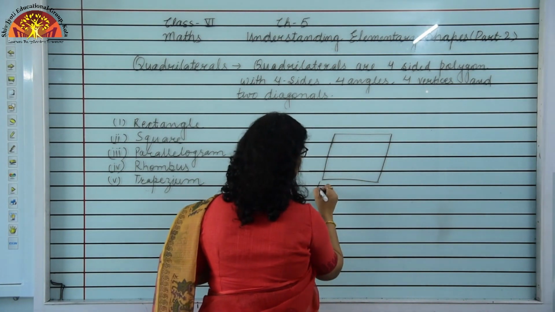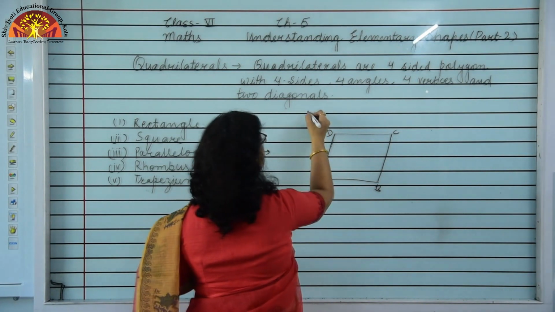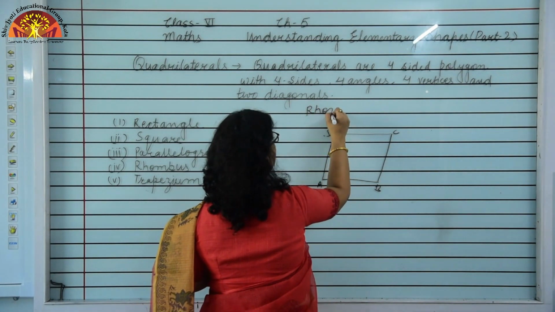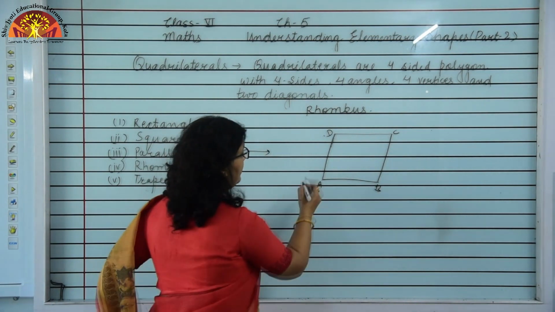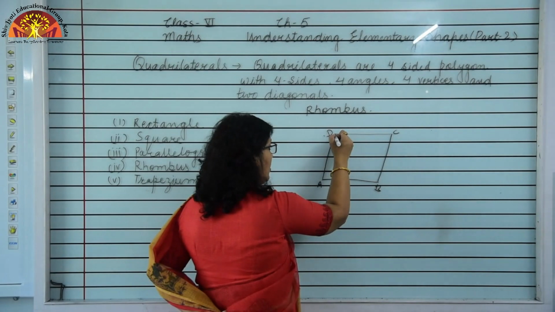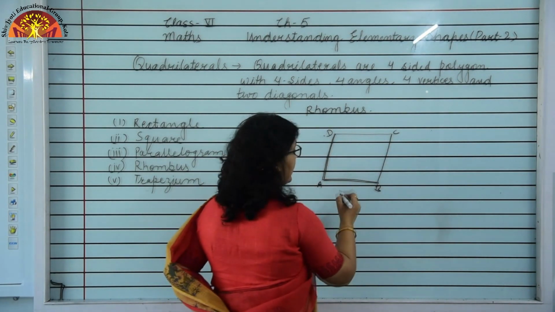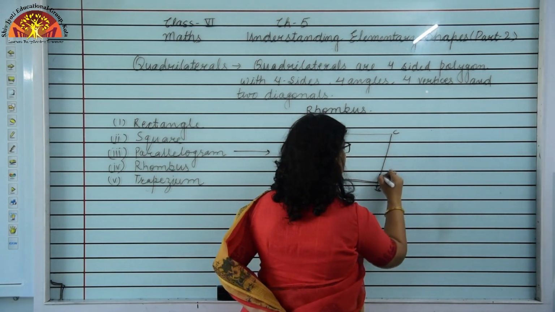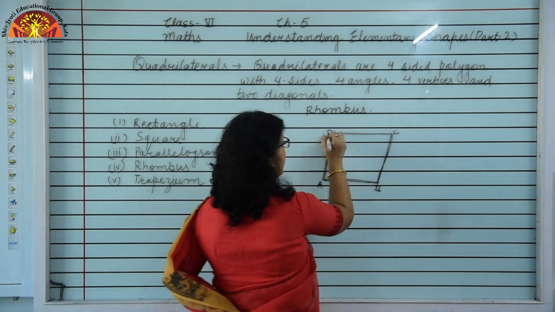Look here, this is A, B, C and D. This is the rhombus. In a rhombus, adjacent sides are equal. So AD is equals to AB, AB is equals to BC and BC is equals to CD.